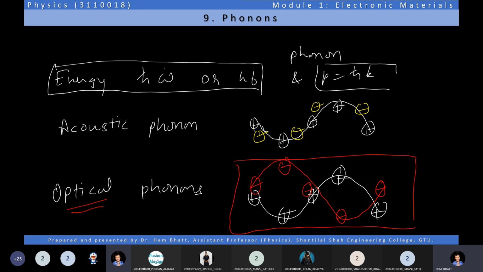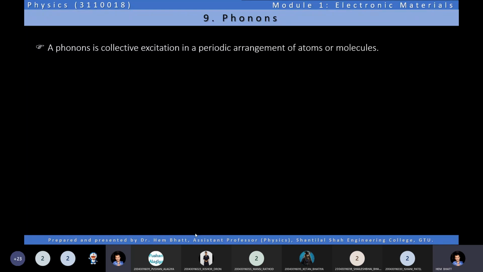Okay, so for now, this much you should be knowing about phonon. Let us now see this topic from answer point of view, if asked in exam how to write. So a phonon is collective excitation in periodic arrangement of atom or molecules, means basically vibration of atoms or molecules.